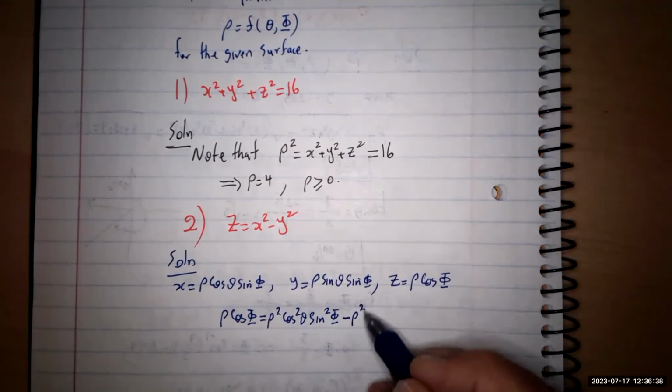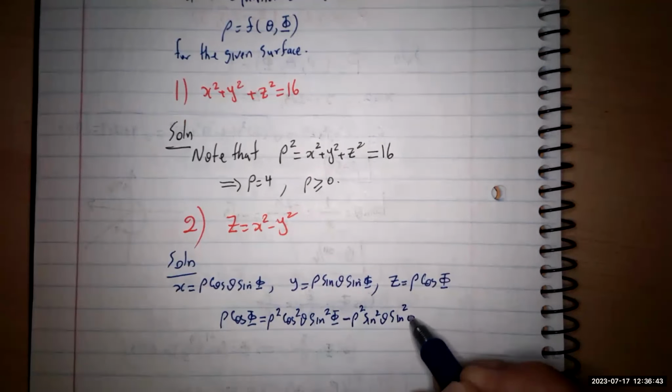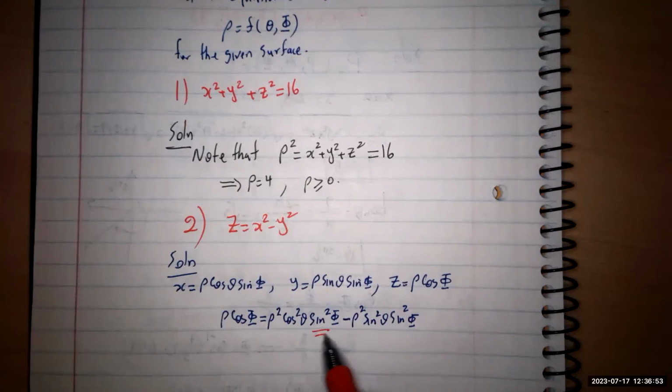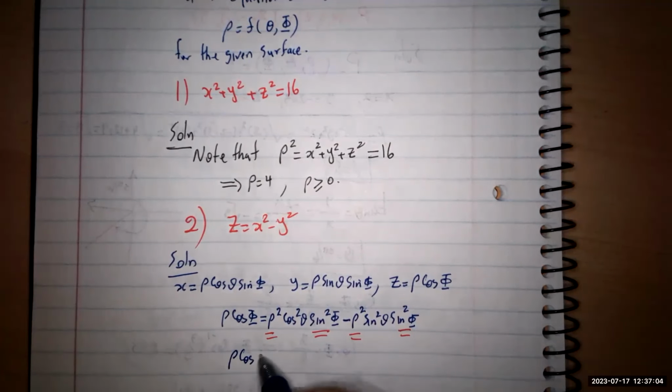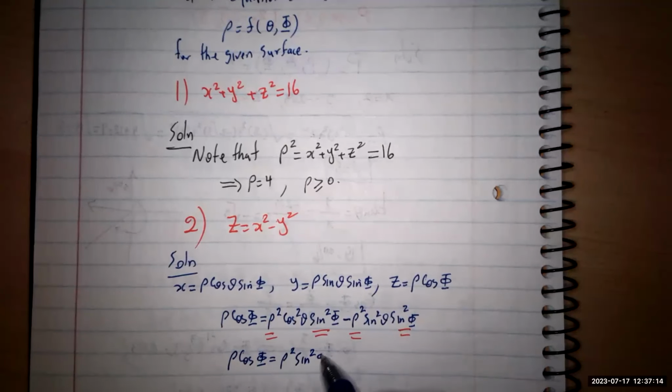So it's going to be rho squared sine squared of phi, cosine squared of theta and sine squared of theta. So when these two are together, you always get this common factor. This is always the case when x and y are involved, and you have rho squared as well. So you expect to do the simplification, so that gives a cosine of phi, and that gives a rho squared, rho squared sine squared of phi.